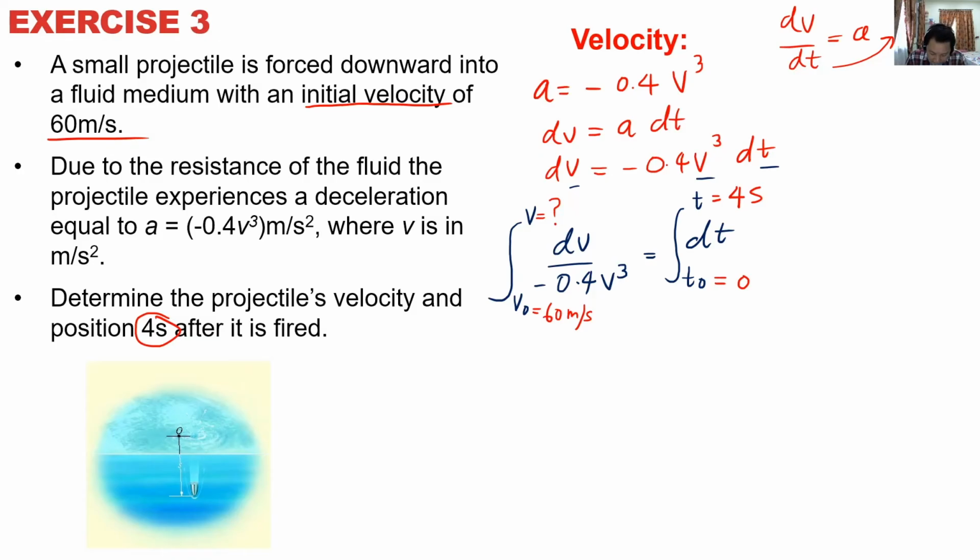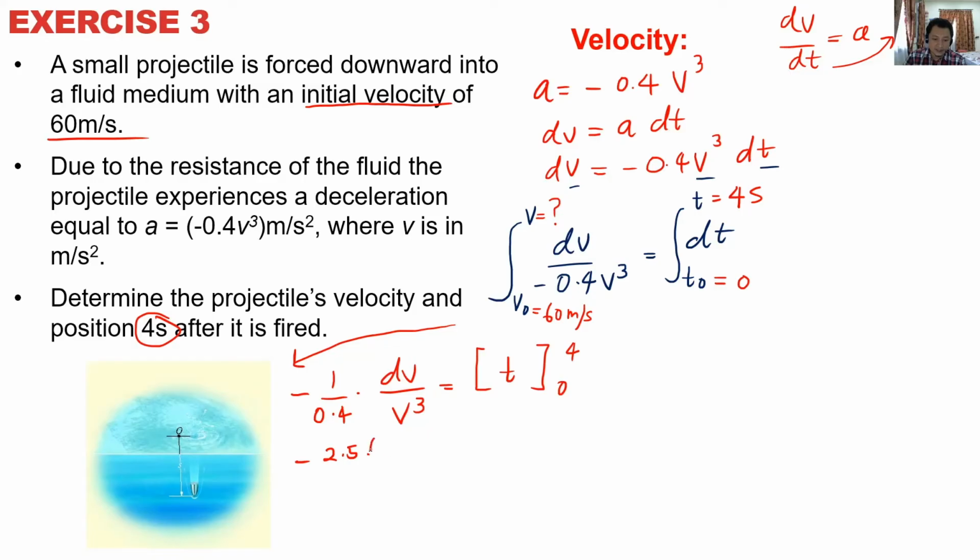Negative 1 over 0.4 times dv over v cubed is equal to dt, which you need to evaluate from 0 until 4. 1 divided by 0.4 is 2.5, so negative 2.5.